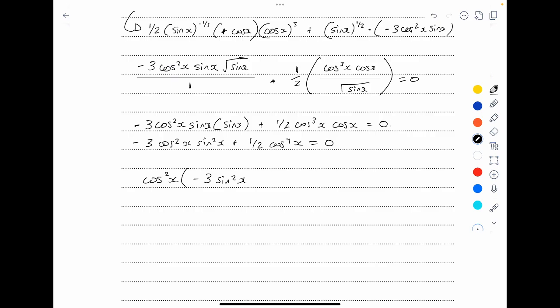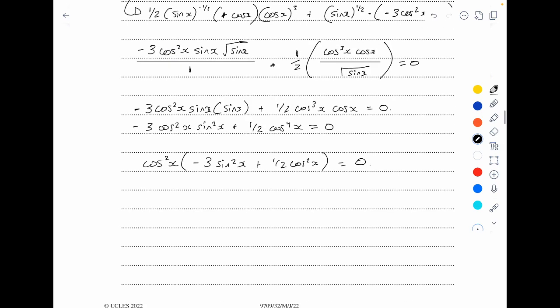So we're left with negative 3 sine squared x plus a half cos squared x equals 0. If we set cos squared x equal to 0, we get what? X equals pi over 2, which is out of bounds.